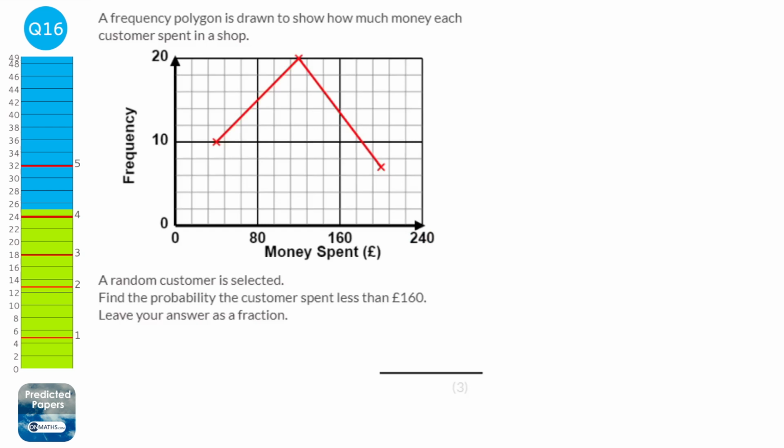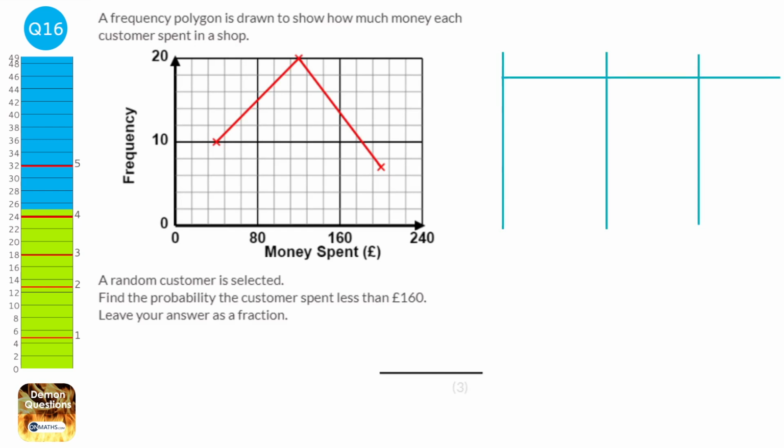So for this frequency polygon, what we've got to do is work backwards to work out what the table was that created it. So we're going to draw the start of a table, and we're going to have our midpoint first, then our money spent intervals, and then our frequency.